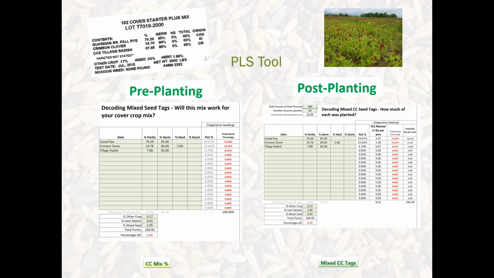Hard and dormant seed is still shown, but it is more for an indicator of possible issues, and it's not included in the Pure Life seed rate. Again, the proportional percentages, or the actual amount of pure life seed planted that we get out of these sheets, can be used in the cover crop seeding calculator to see if it meets.